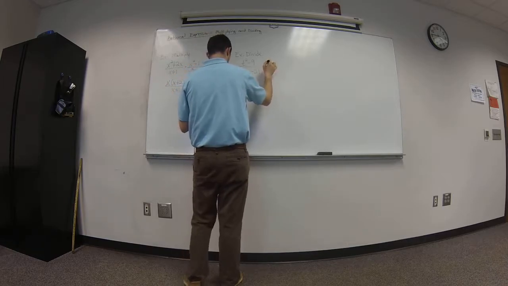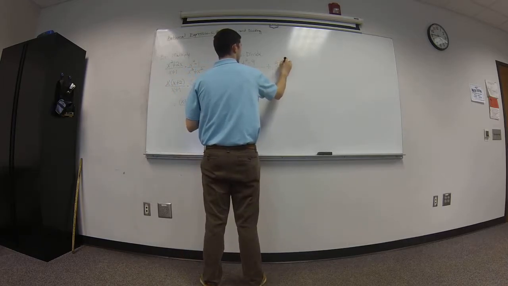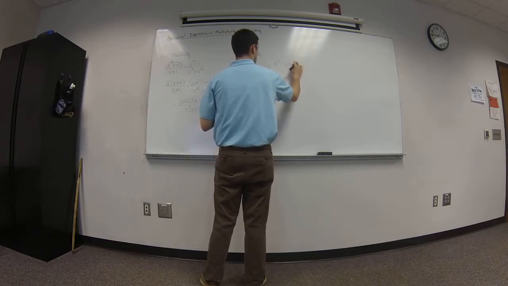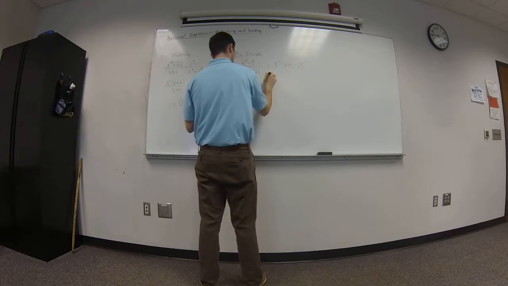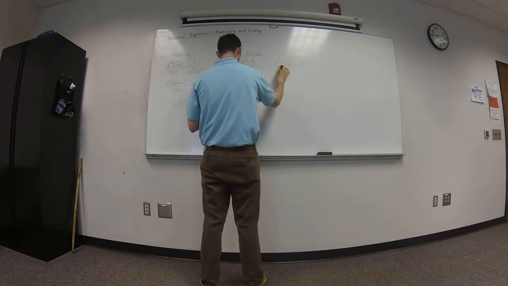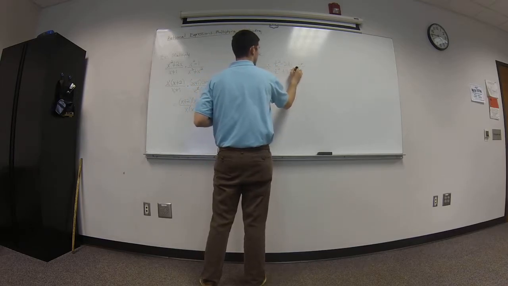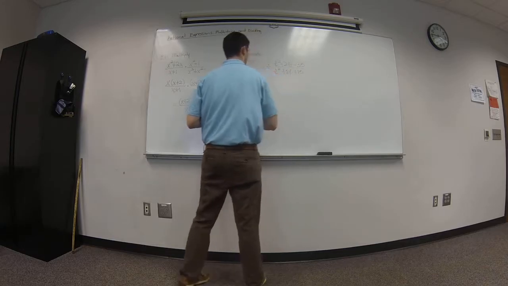We're going to divide that by t squared minus 2t minus 35 over t squared plus 8t plus 15.